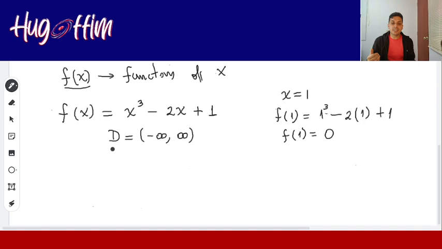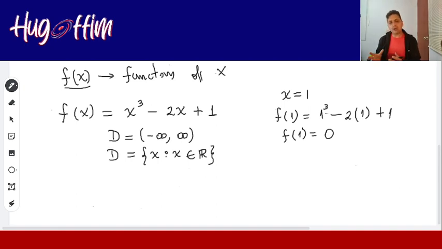This is the way to notate all real numbers, or we can notate it in set form, in which x belongs to the real numbers. And this is how you can get the domain of the polynomial function.